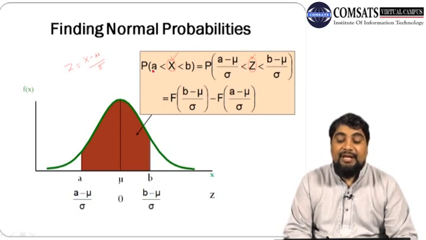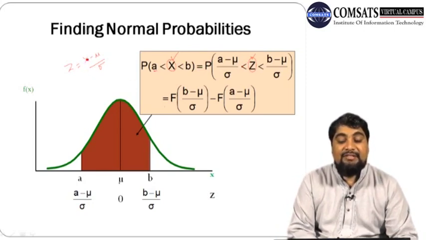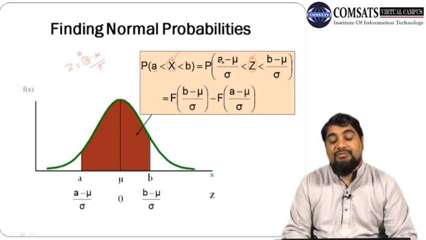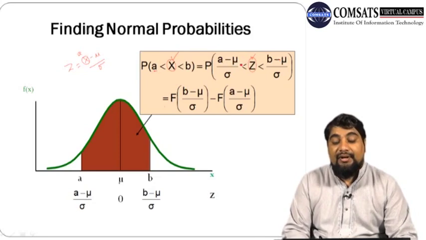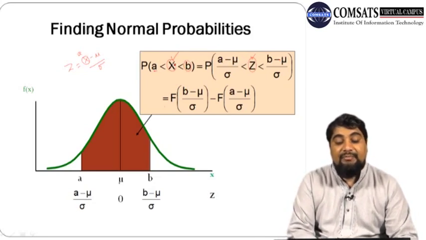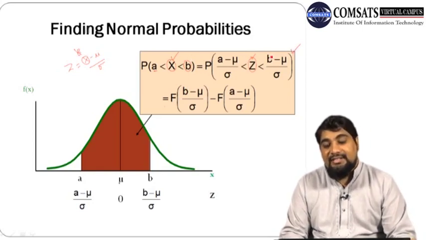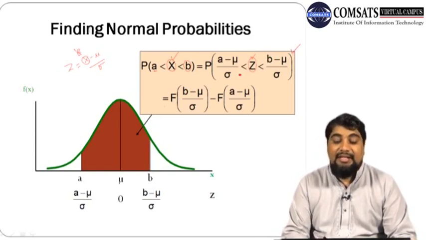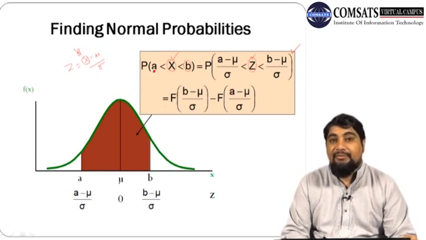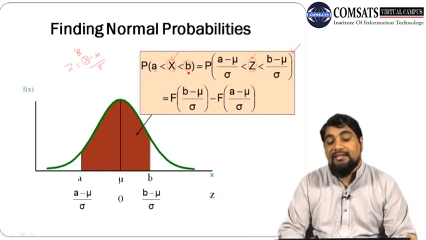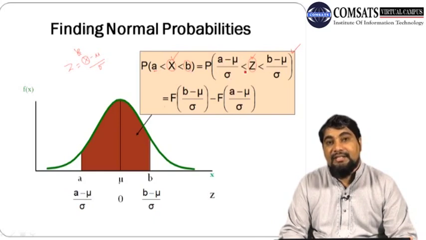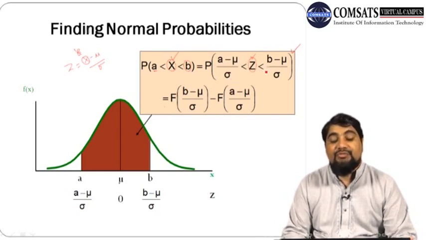Here we have a, so just replace this x by a, and we get a minus mu over sigma. And here replace this x by b, so we get b minus mu over sigma. So in case of the standardized random variable, the same question, the probability that random variable x lies between a and b, is written in this form: a minus mu over sigma is less than z, which is less than b minus mu over sigma.